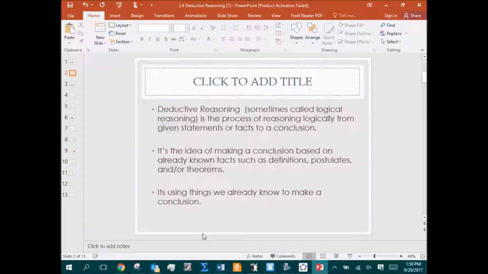For instance, when I ask a question, I'll give you the conditional statement. If two angles are a linear pair, then they are supplementary. That's a true statement. But then if I say the converse of that, if two angles are supplementary, then they are a linear pair, that's false. And the only way I can really answer that as being false is if I understand that the definition of linear pair is two adjacent angles that form a straight line.